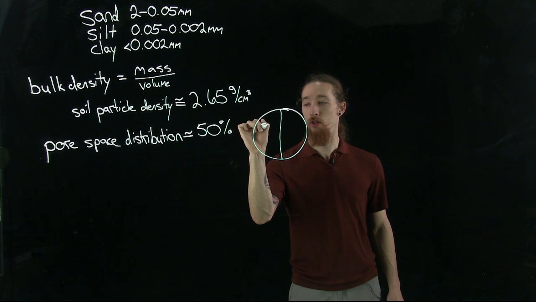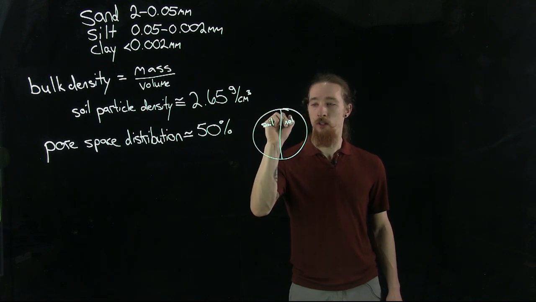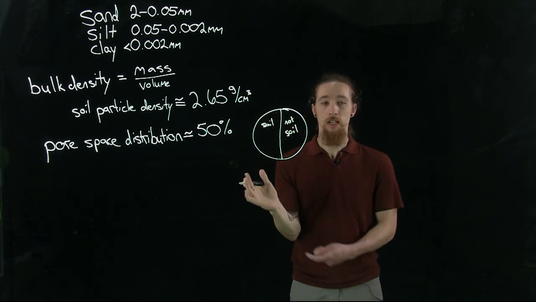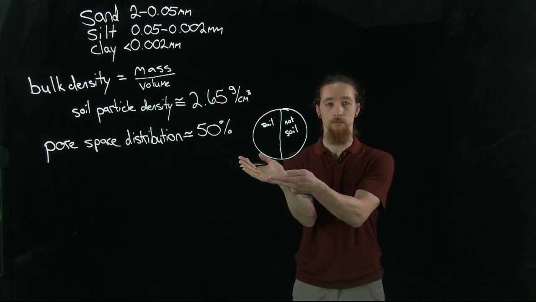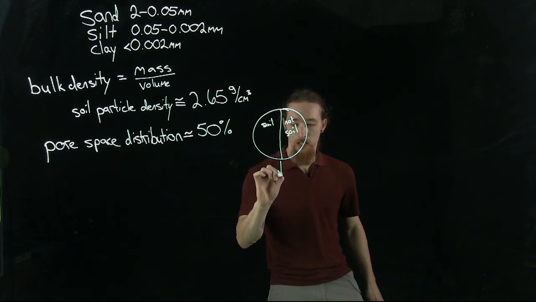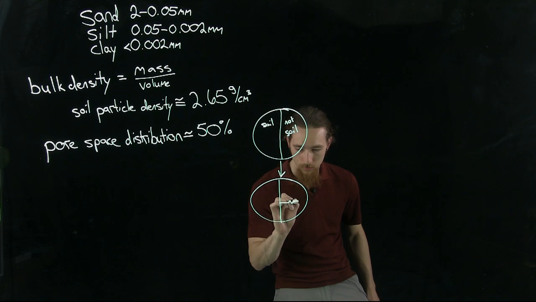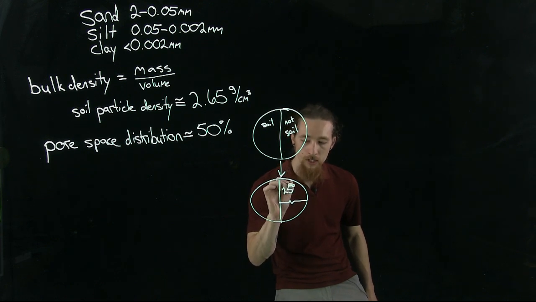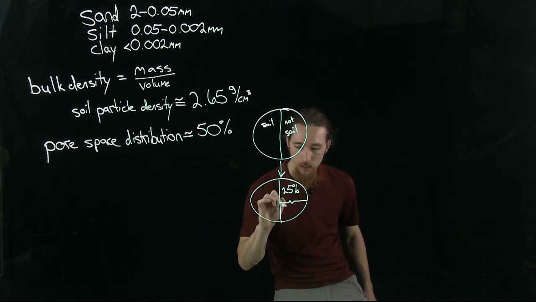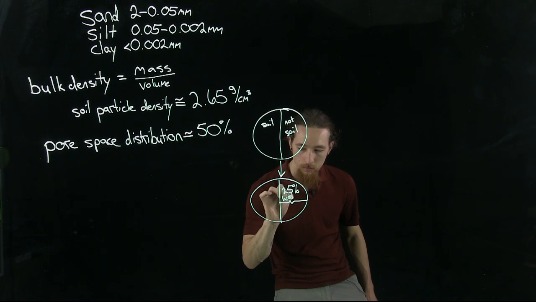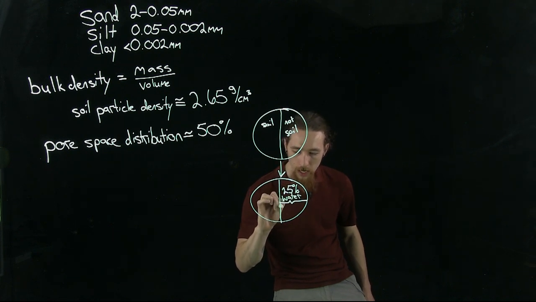So soil, not soil, even if all of this is in your hand. What that means, really, give or take, half of that not-soil space is water, and the other half is air.